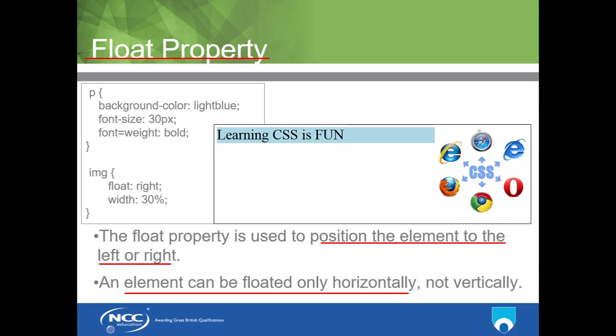So let's look at this example. We are saying here that for a paragraph, we want it to have a background color of light blue. We want it to have a font size of 30 pixels. We want it to have a font weight. This must be a mistake, that's just supposed to be a hyphen. We want the font weight to be bold.